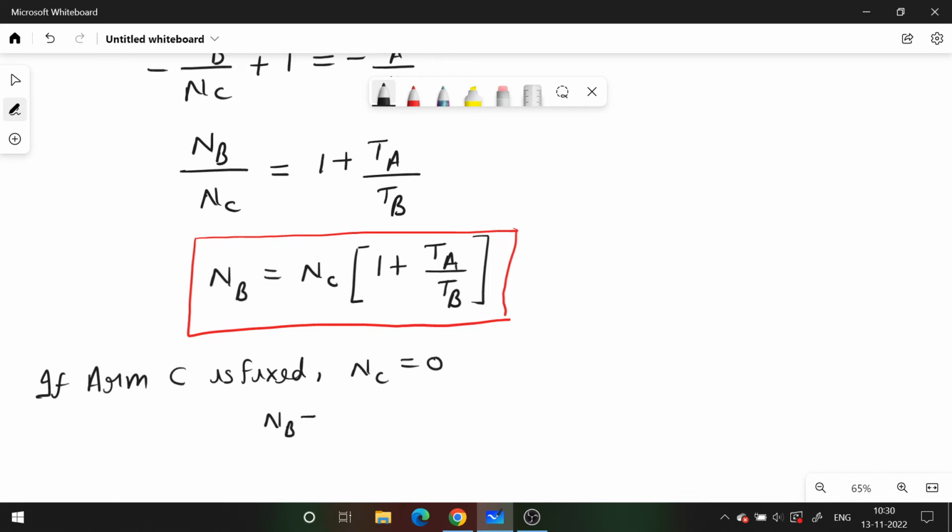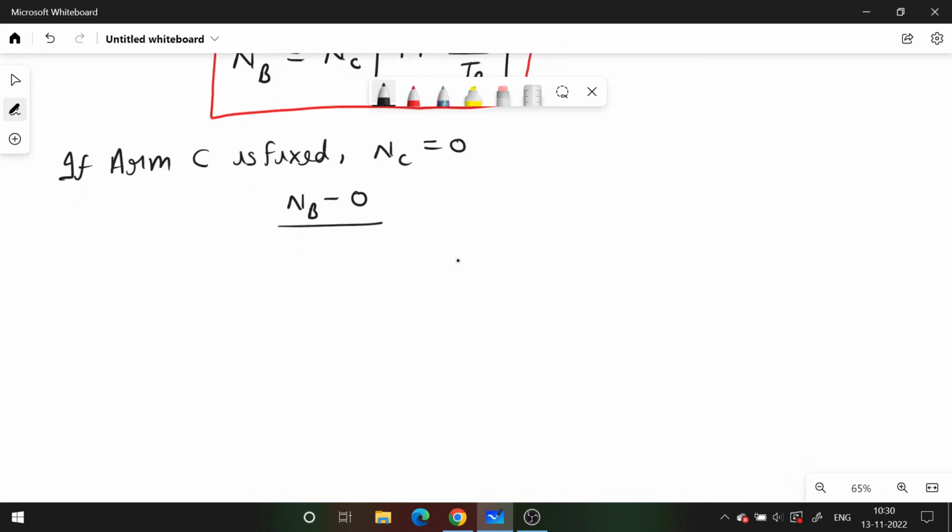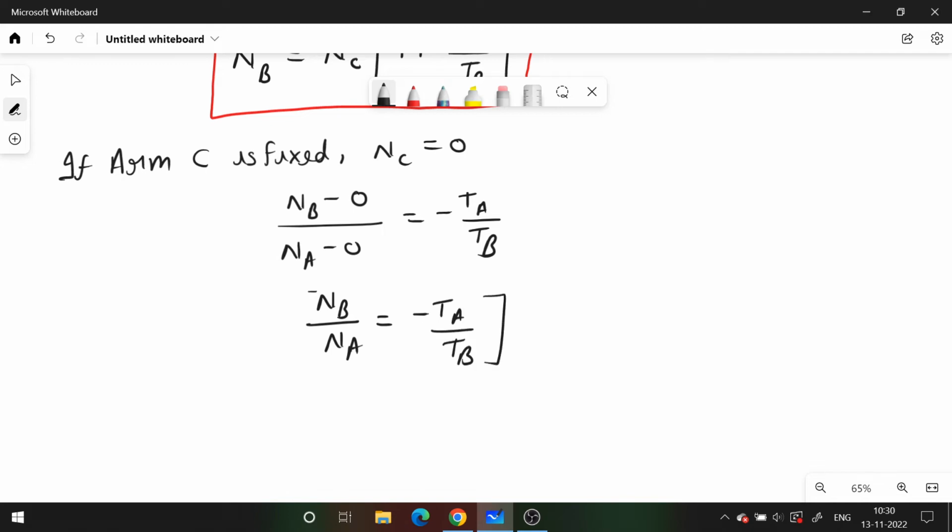Then NB minus 0 upon NA minus 0 equals minus TA upon TB, or NB upon NA equals minus TA upon TB.